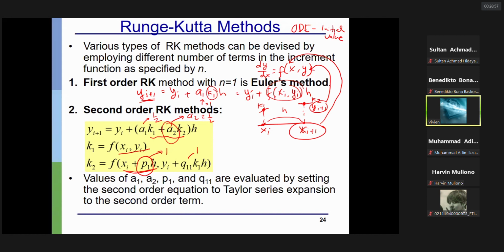So yi plus 1 will be approximated by yi plus the slope at xi, yi, projected to xi plus 1. So we have a point there. Then we can calculate the slope based on the value of yi plus 1, which is calculated using Euler's method. Okay, so that will be the explanation, Sultan.